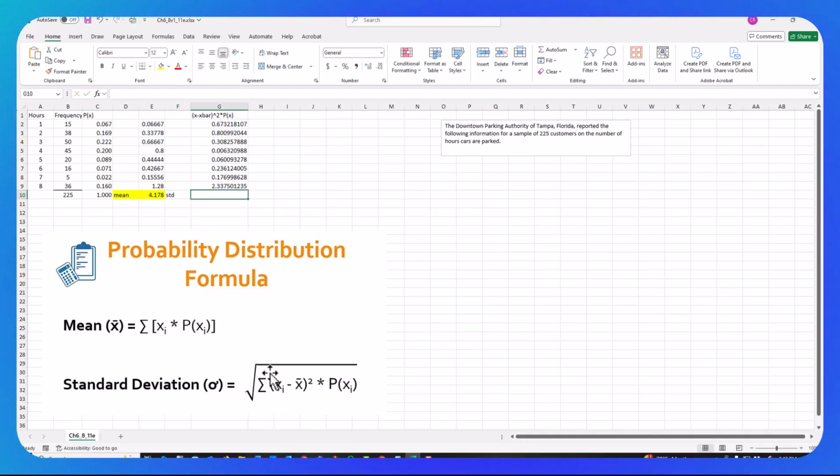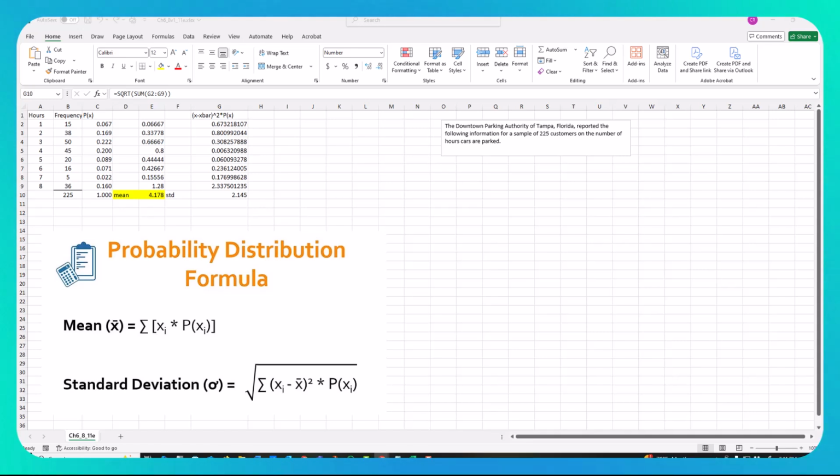But notice that you're going to sum all this, but also square root it. So I'm going to equal the square root of this sum. So I did equals SQRT for square root. What am I square rooting? The sum of all of these values, and then be sure and you close your parentheses twice, and then I get my standard deviation rounded.